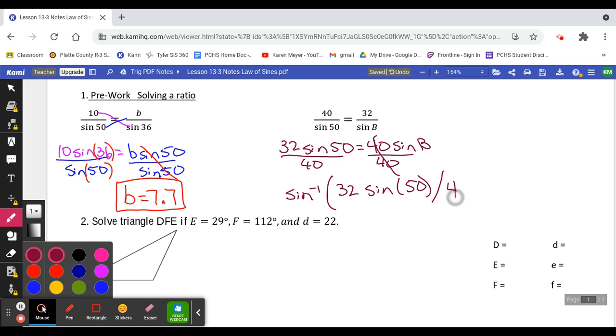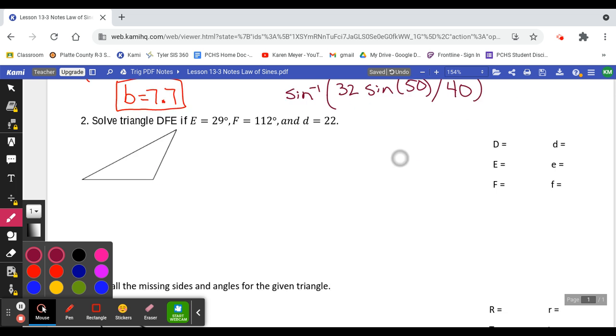And then divided by 40, and then close your parentheses for the inverse. So if you type it in exactly like that, then I get angle B to be about 37.8. So remember, when you're setting these fractions up and we cross multiply and divide, if you're trying to find an angle, you must hit the inverse at the beginning.